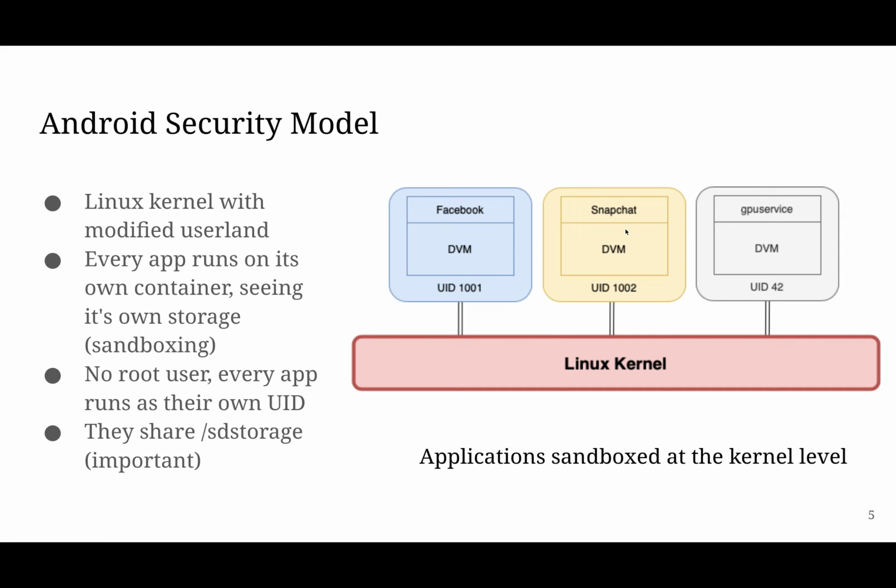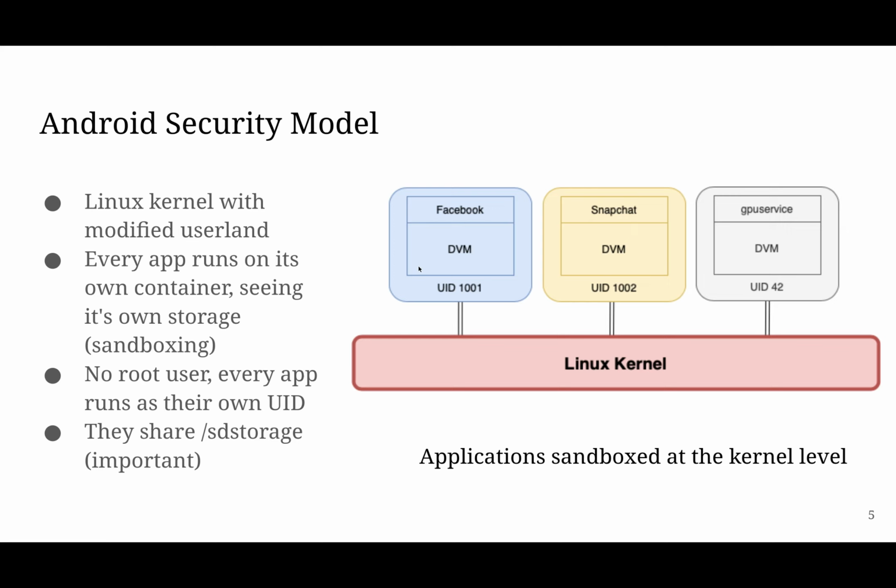So the camera user needs to somehow send data to the Facebook user, and Android does that through the binder, and there are multiple ways that it allows for inter-process communication.